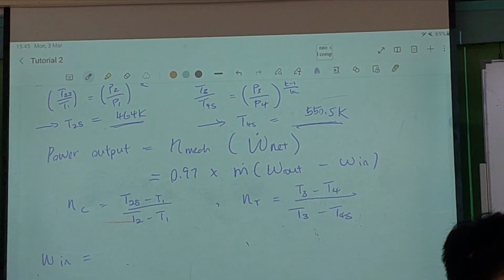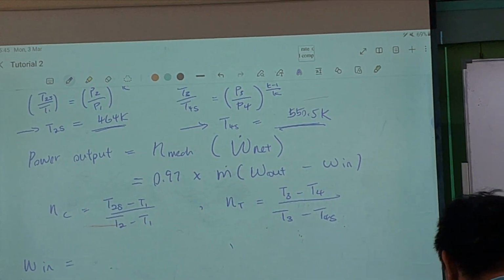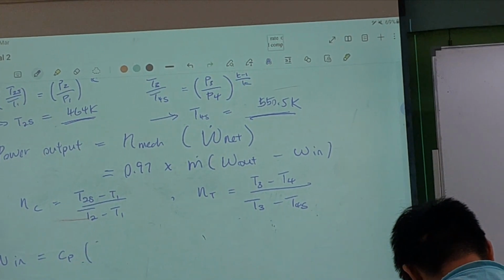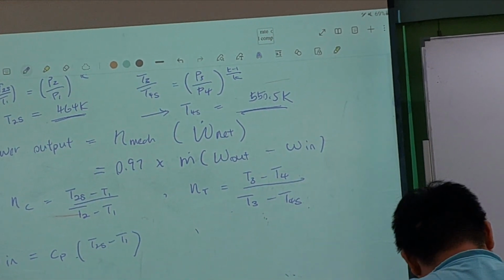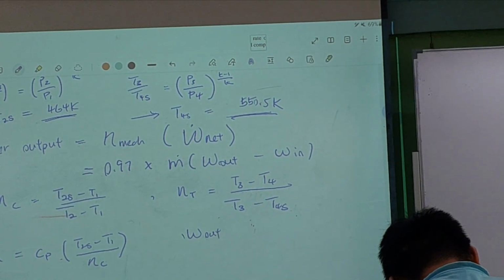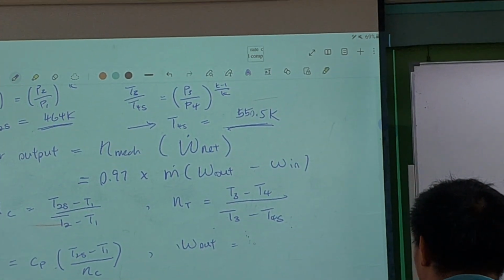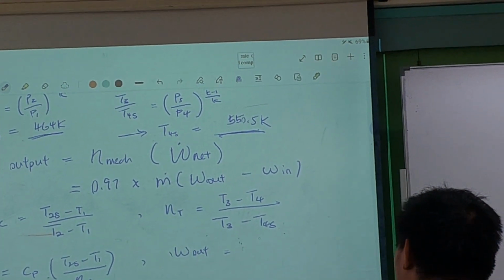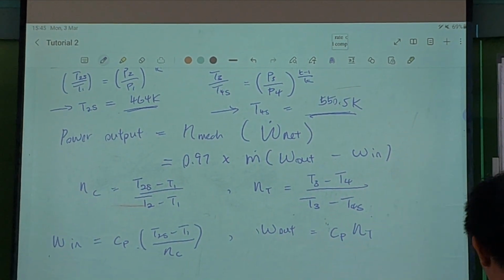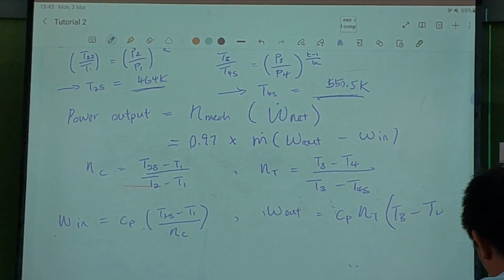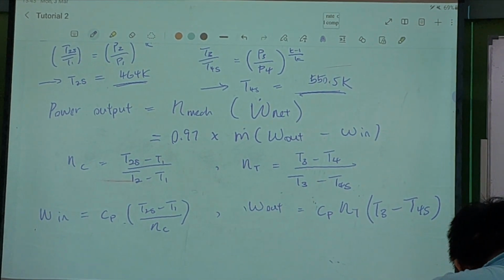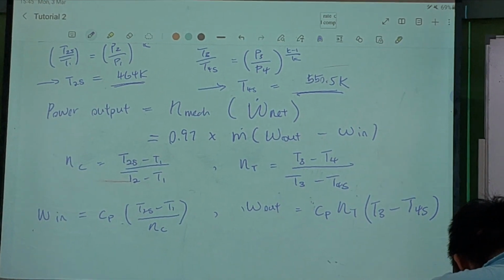Work in is just Cp times (T2s minus T1) over ηc, and work out is Cp times (T3 minus T4s). So actually you don't really need to calculate T2 and T4 in this case.